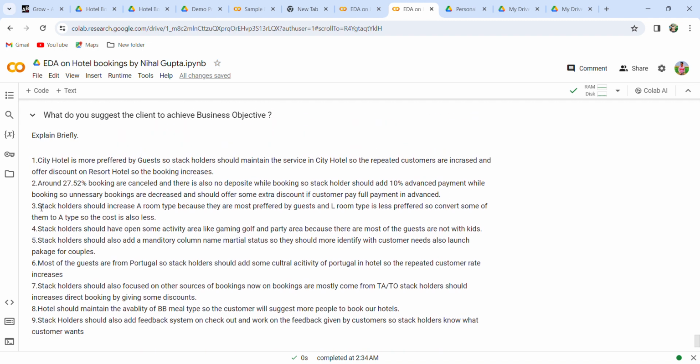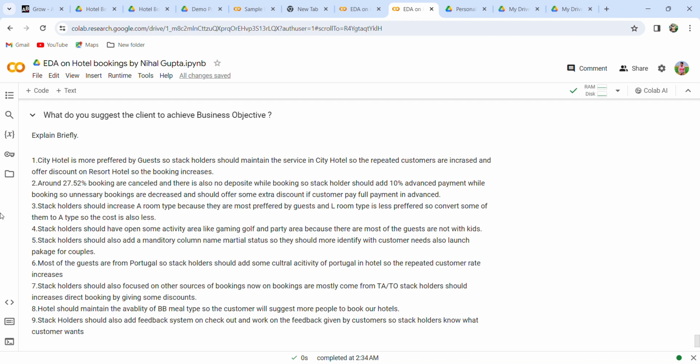Once the customer pays the full payment or the 10% payment, there is more chance that they will not cancel the booking. Stakeholders should change room types, because guests most preferred A type rooms and L type rooms are less preferred.